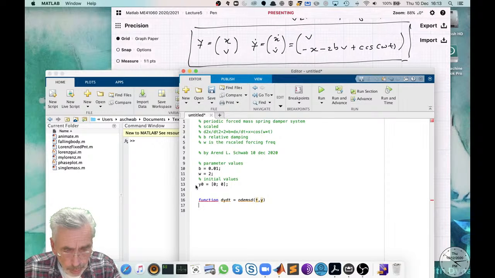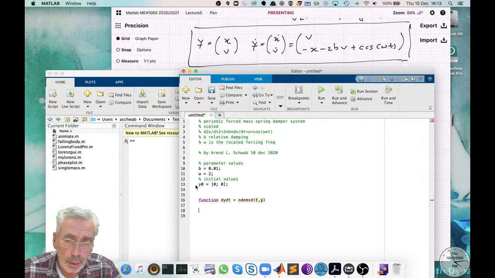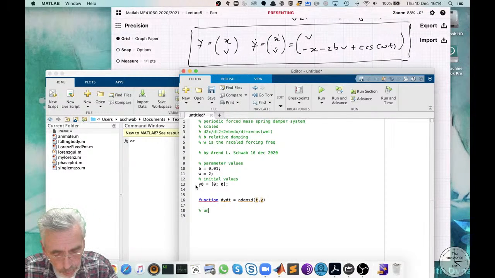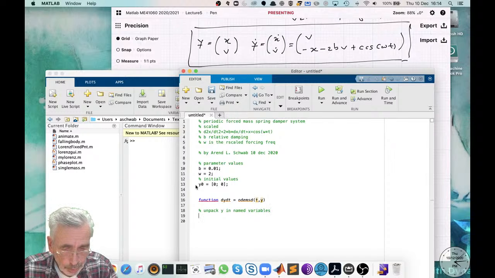Then we have to write our function. Personally I always like to unpack this state vector into sensible variables, so you can understand them. So I say x is y1, that was the position, and v is y2. Now we can write our differential equation.